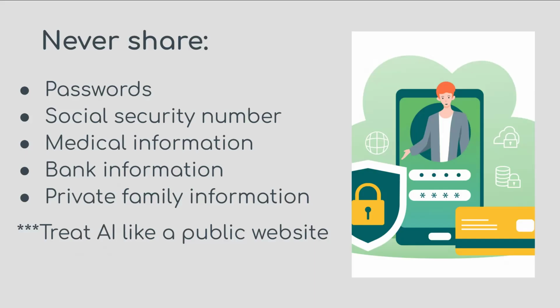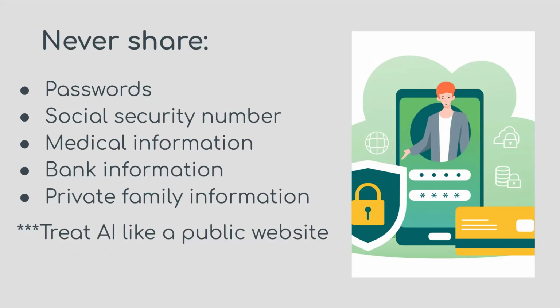Don't share exact banking information with artificial intelligence. No routing numbers, no checking numbers, no details, and no private family information. Don't use names and addresses and phone numbers when you are creating your input for AI.